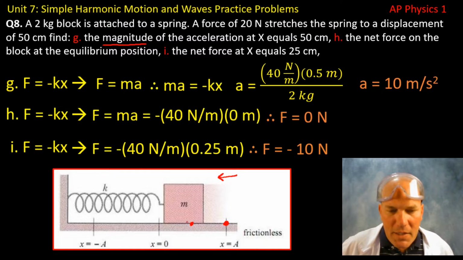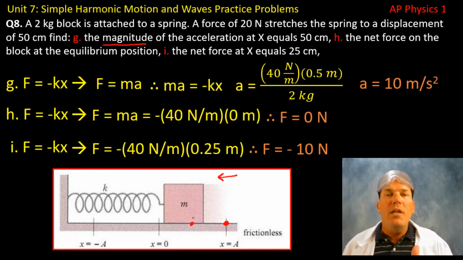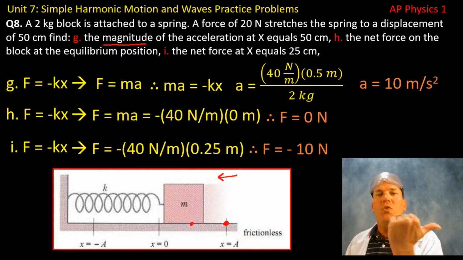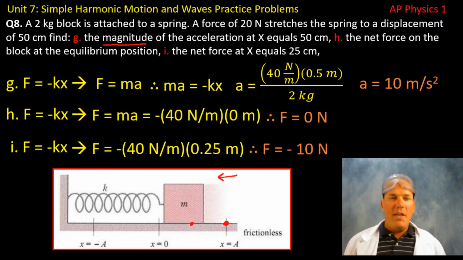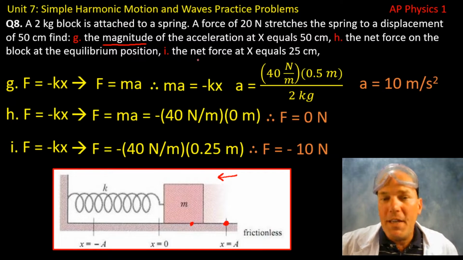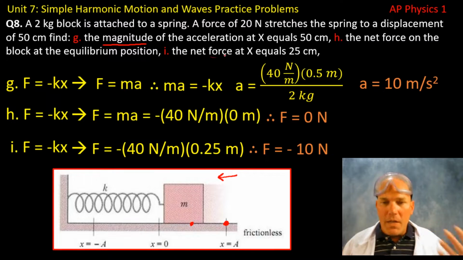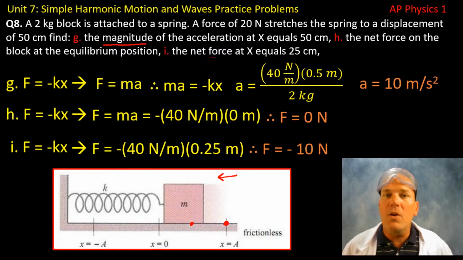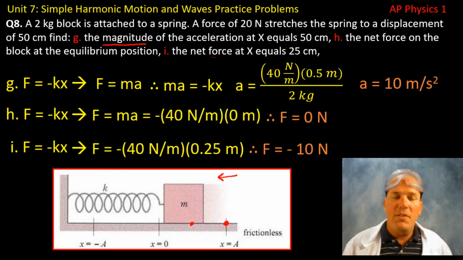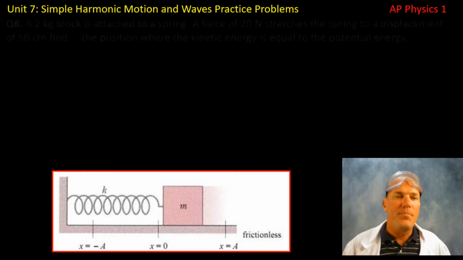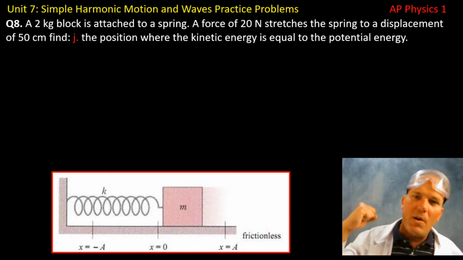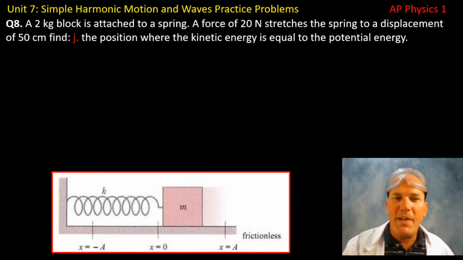So if the block is over in this position here, the force is to the left, the acceleration vector to the left. In this case, you are being asked for the net force, so it is appropriate to use a sign, either a negative sign or to the left, to show where the force is. And as this problem continues to part J, we're almost there, guys.